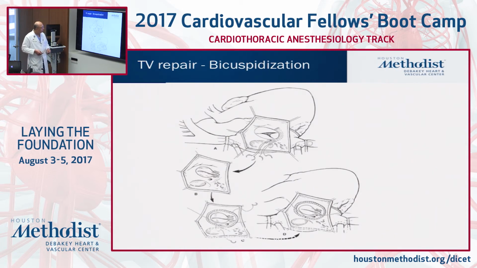The same principle is applied to repair of the mitral valve, where you perform a Kay plication on one side. And essentially what you're doing is eliminating this posterior leaflet and creating a bicuspid valve instead of the tricuspid valve, achieving an annular reduction and improving coaptation between the leaflets.